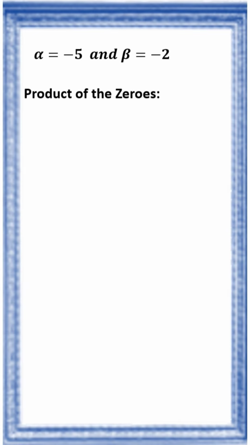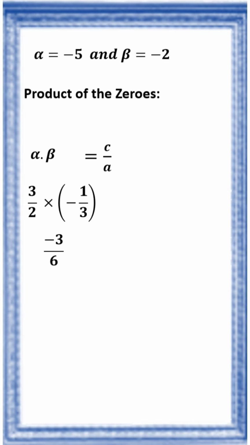do the product of the zeros. Alpha into beta, which is equal to c by a. 3 by 2 into negative of 1 by 3. Here 3 ones are 3, 2 threes are 6. So negative of 3 by 6, which is equal to negative of 1 by 2.